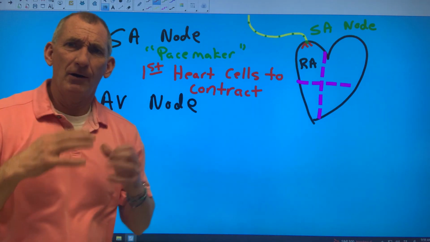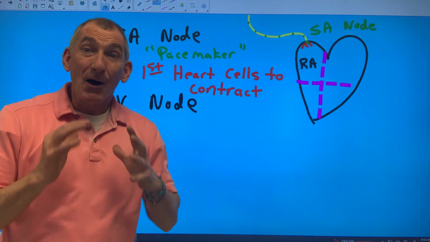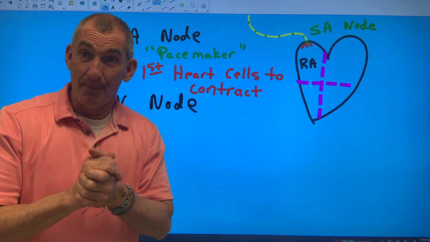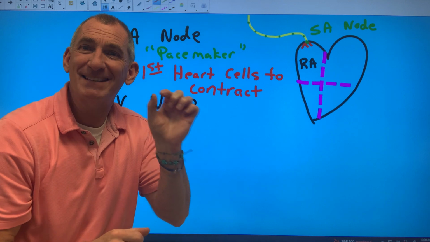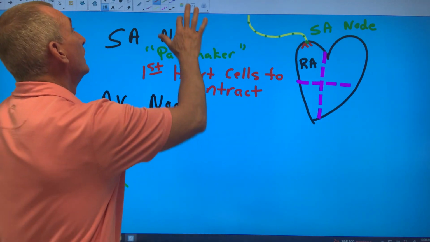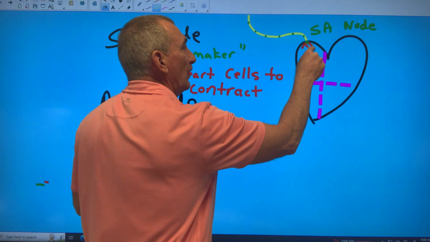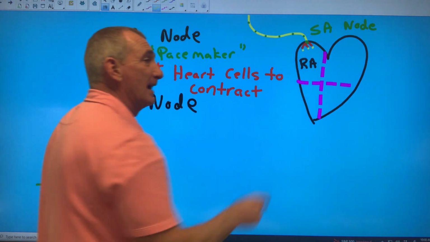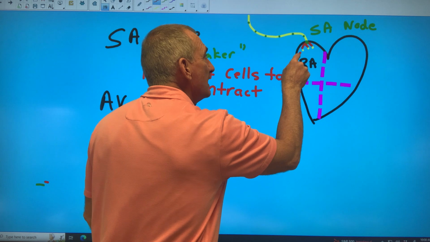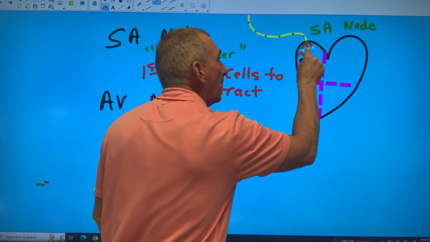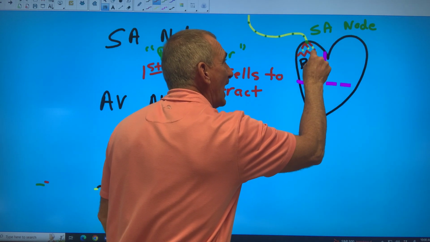Now try to wrap your head around this. Cardiac muscle is a unique type of muscle that when it contracts, it actually generates a little bit of electrical pulse. So when these heart cells contract, it generates a little bit of electrical pulse. What that causes is the cells that are next to them to contract.